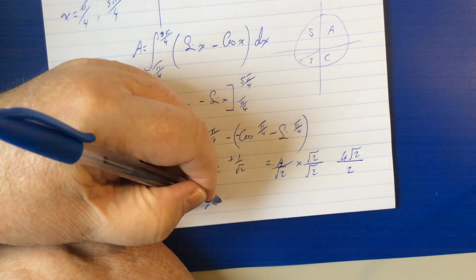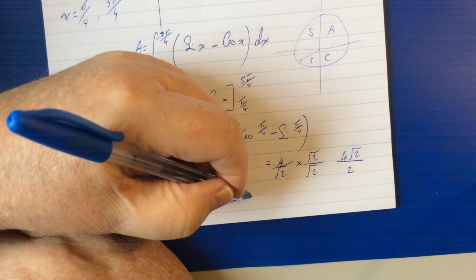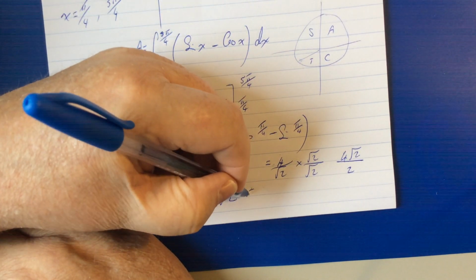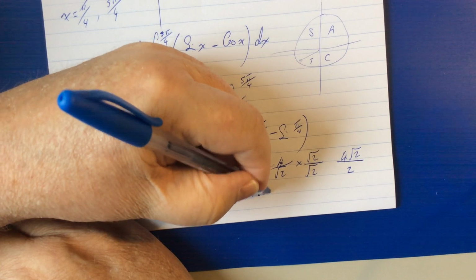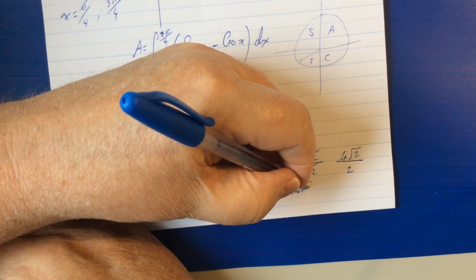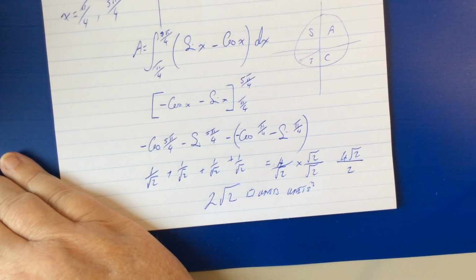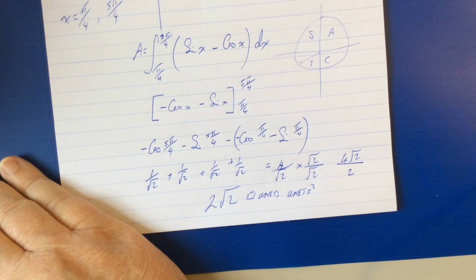So the answer is 2 root 2 square units, or units squared. We don't know what the exact measurements were. Anyway, that is that problem solved.